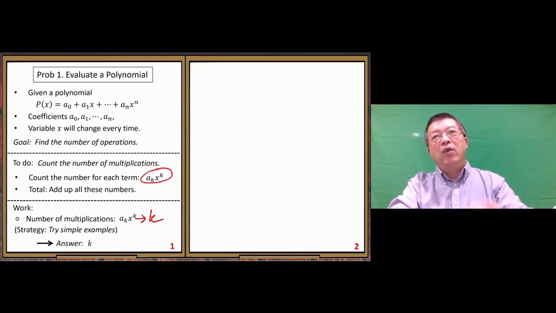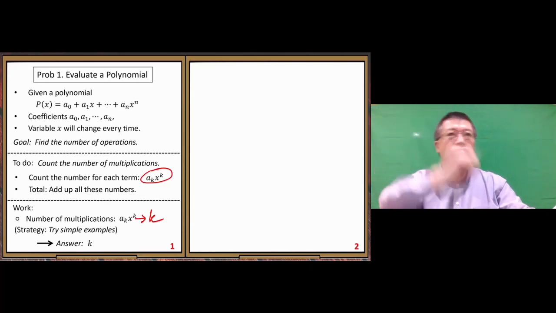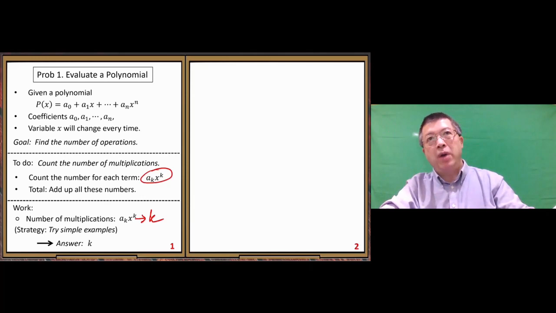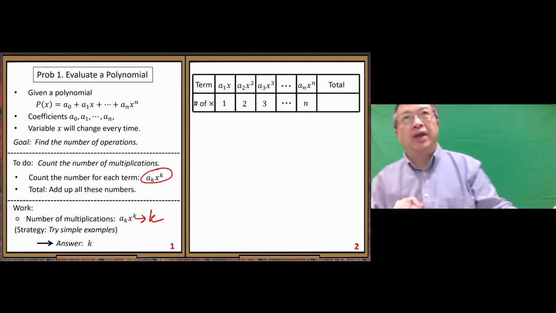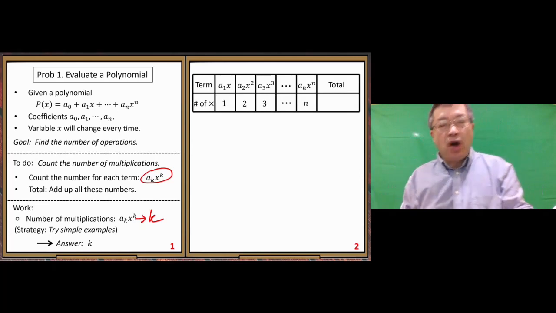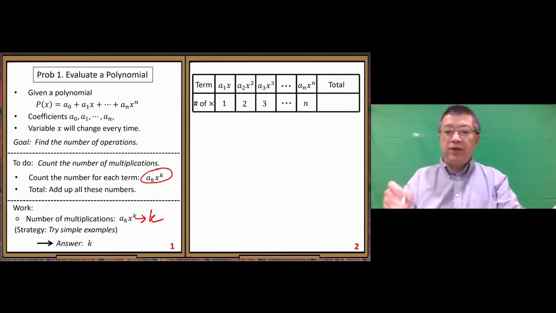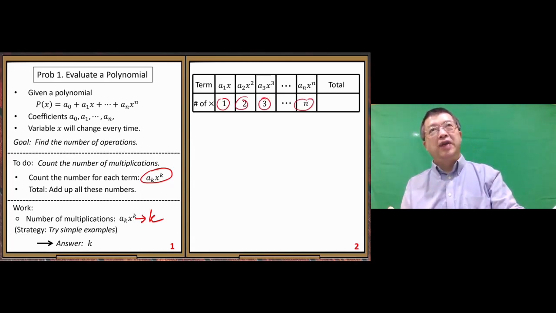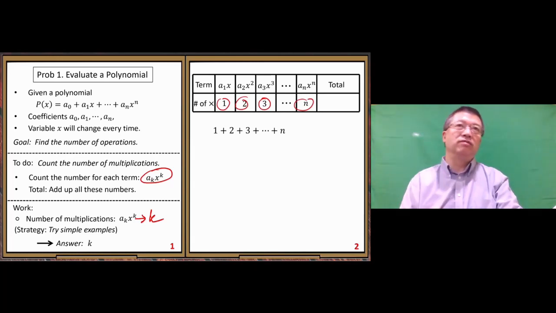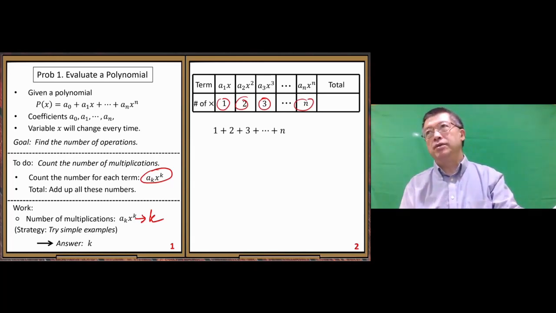Now we want to add up the number of multiplications for the individual terms and get a total. So let's do that part of the work. Here, I draw this chart and put the number of multiplications for individual terms. To get a total, we do summation of all these numbers.